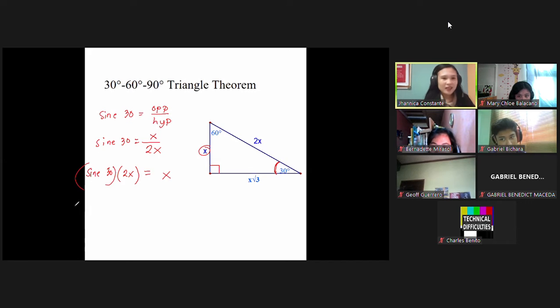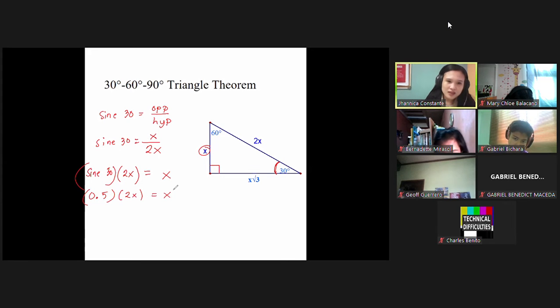So sine 30, which is equal to 0.5, times 2x is equal to x. Which is equal to 1, or 1x.